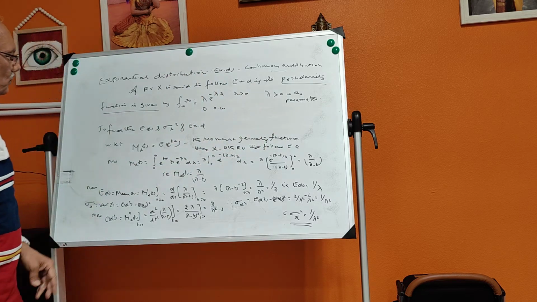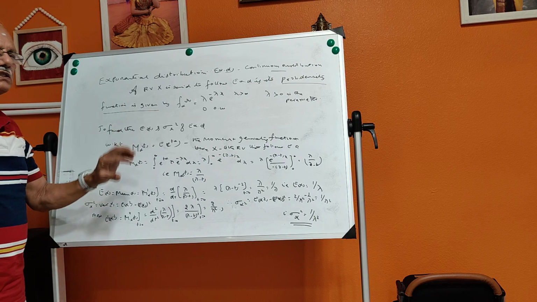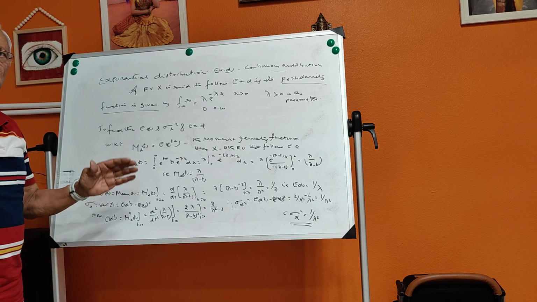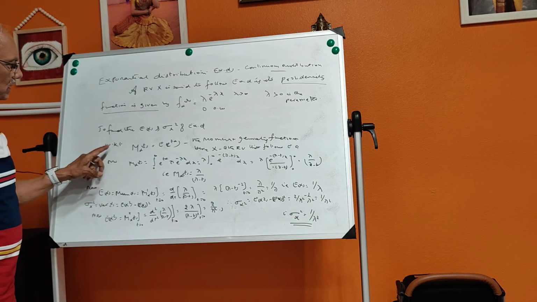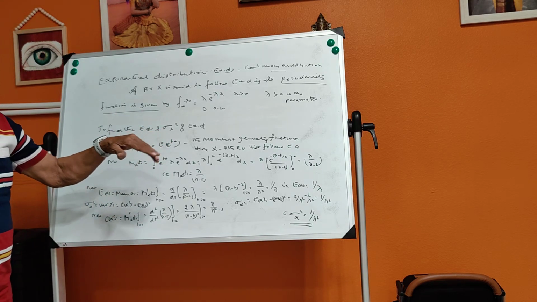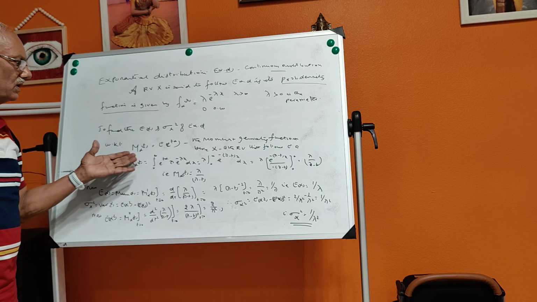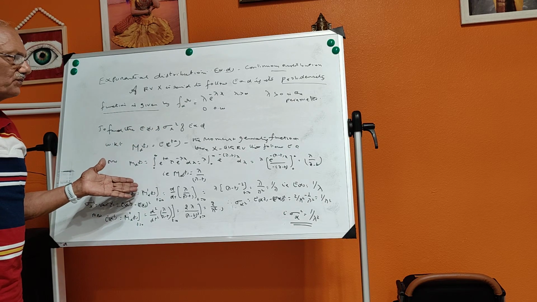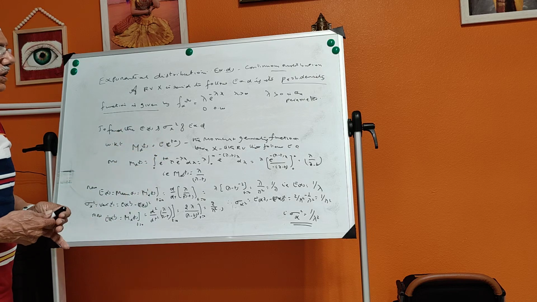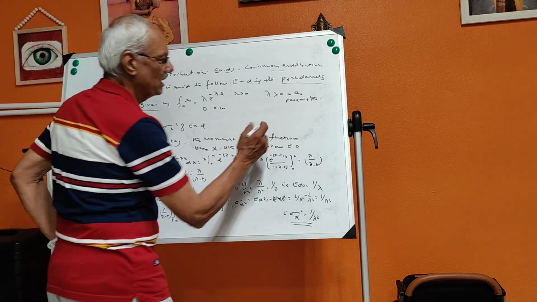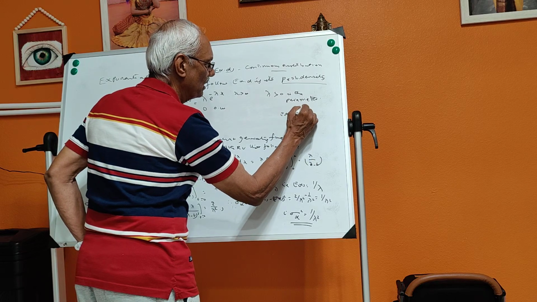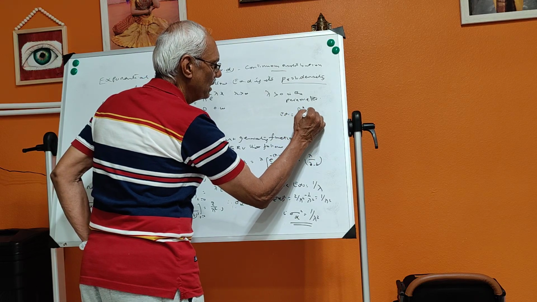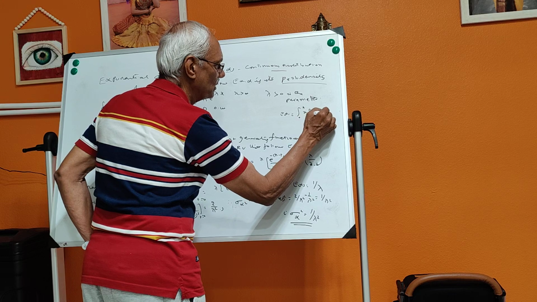Now let us find the mean and the variance of the exponential distribution. You can do this in two ways. You can find the moment generating function, or you can use this method: E[X] is equal to the integral from 0 to infinity of x into f_X(x) dx.